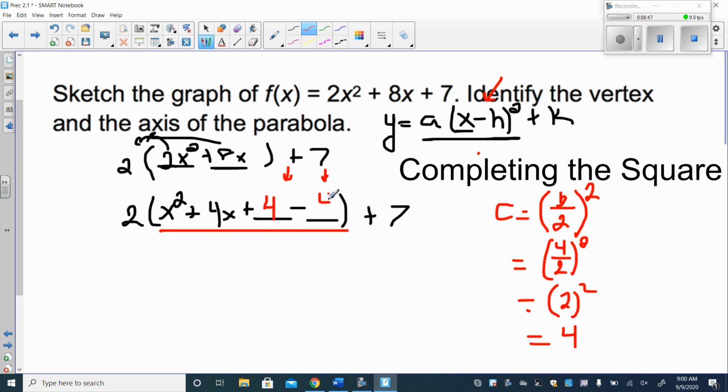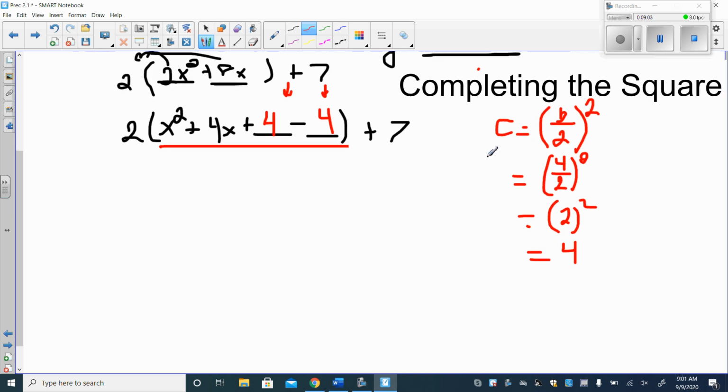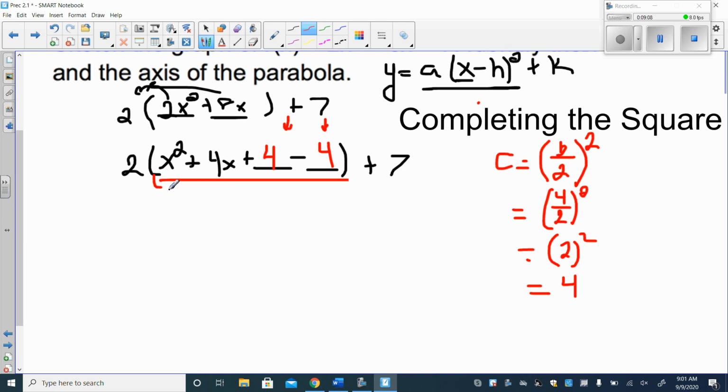Well, I can't just add 4, I also have to subtract 4, because this here is a fancy way of saying 0. I'm not adding anything, because I added 4 and I subtracted 4, so they're offsetting each other. So that's what we've done so far. Now what we're going to end up doing is rewriting this here as a set of parentheses squared. We really don't need the negative 4.